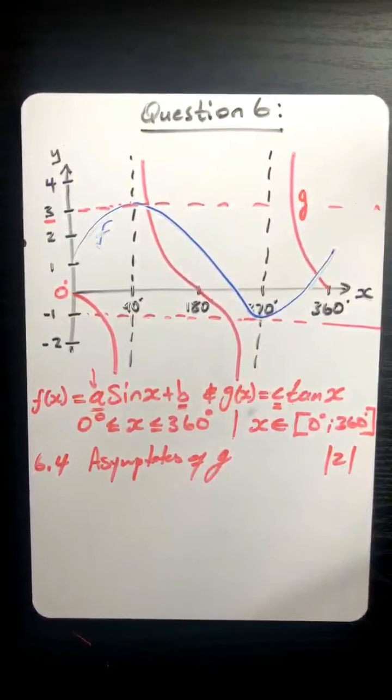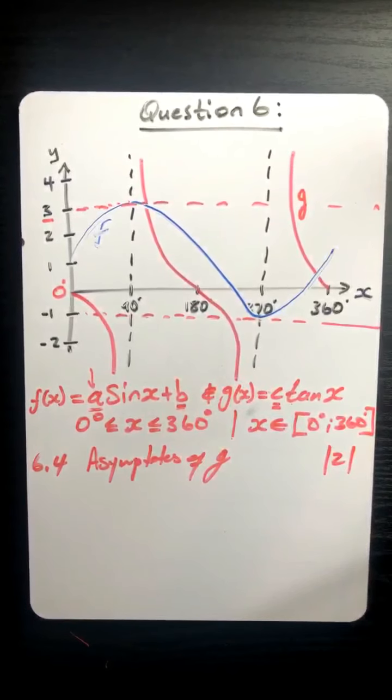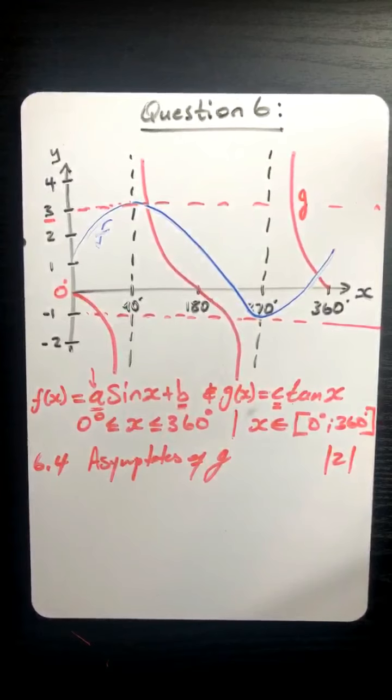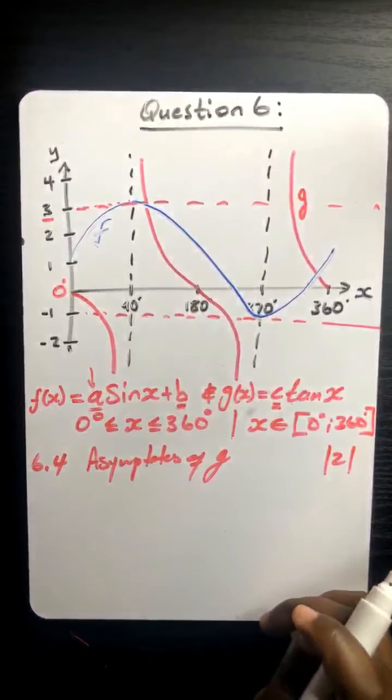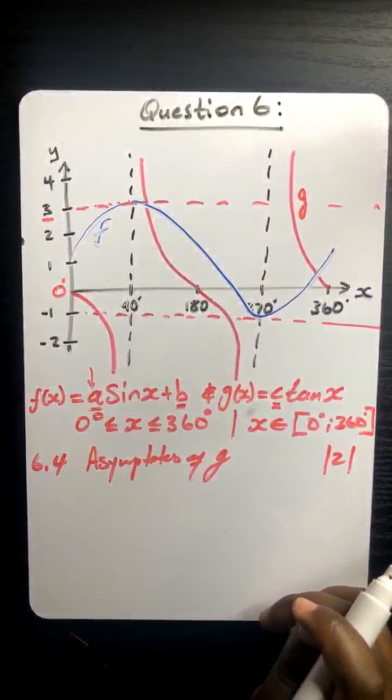Someone is speaking, but they're not. Matumzen, is it you who's speaking there? What are the equations of the asymptotes of G? It's 90.